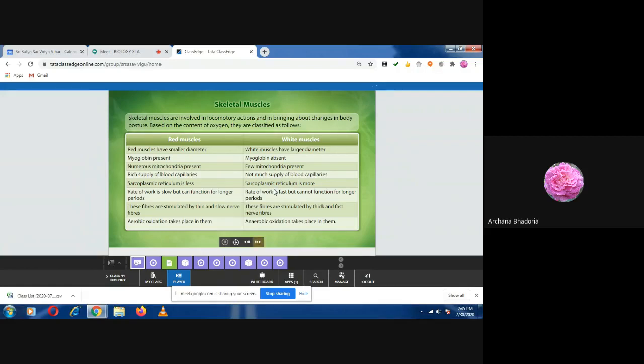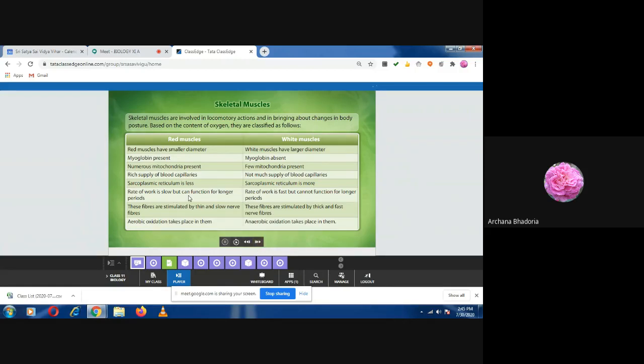Who is remembering? Ma'am, may I? Yes. It helps in the storage of calcium ions. Remember, the sarcoplasmic reticulum stores the calcium ions and it plays a very important role in muscle contraction. You will see when you study the contraction of muscles.